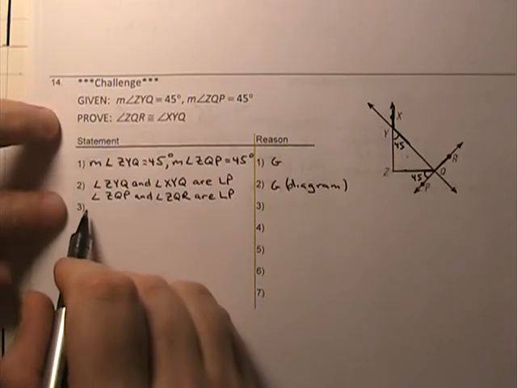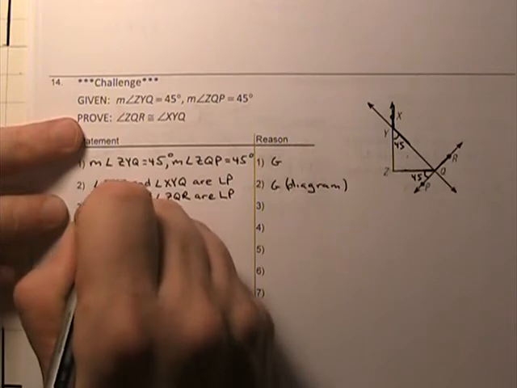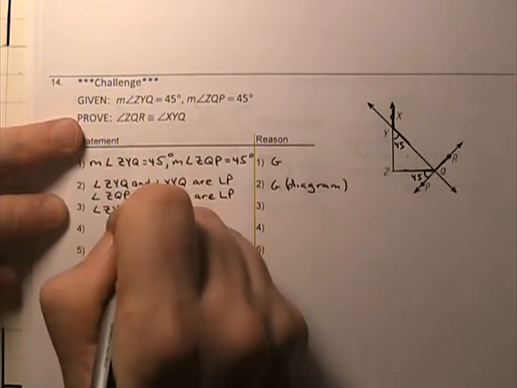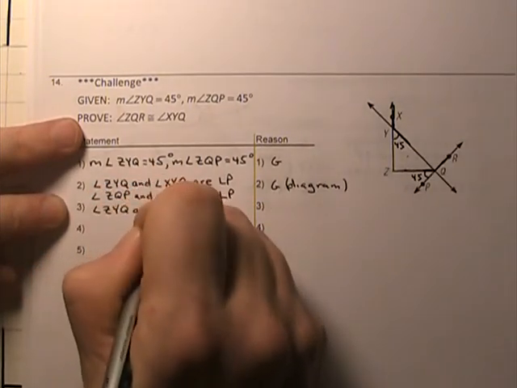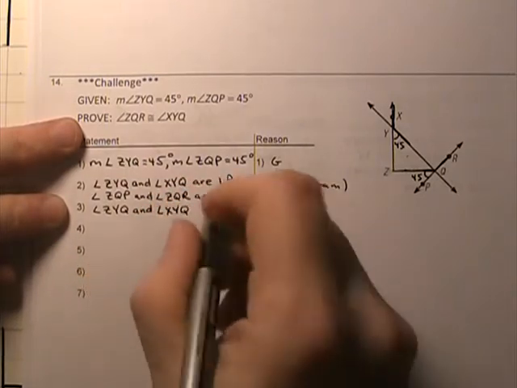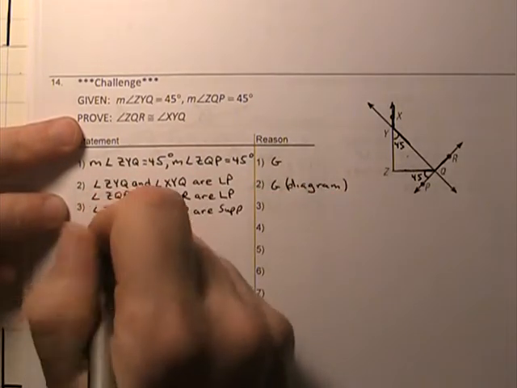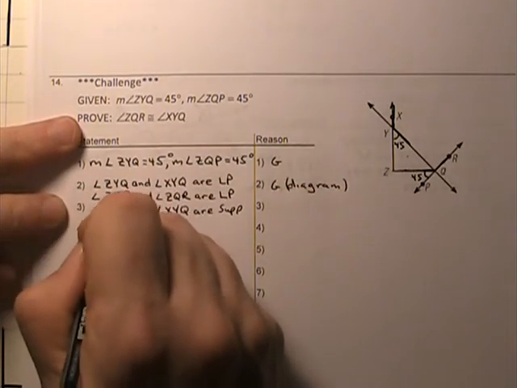Okay, so both of these are linear pairs, so we could also say that ZYQ and XYQ are supplements. And I'm running out of room here.